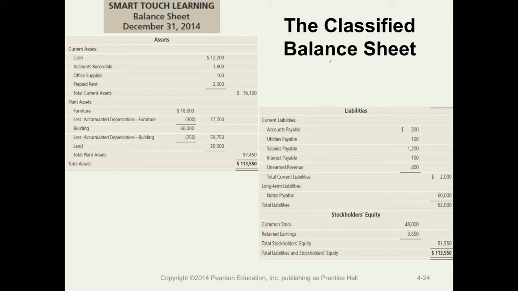This is classified. The difference in this version of the balance sheet is that we list the current assets in the order of liquidity. Most liquid first. By the way, this is decreasing order of liquidity. In international statements, you could have them in increasing order of liquidity, in other words, start with the least liquid. But of these assets, cash is the most liquid.